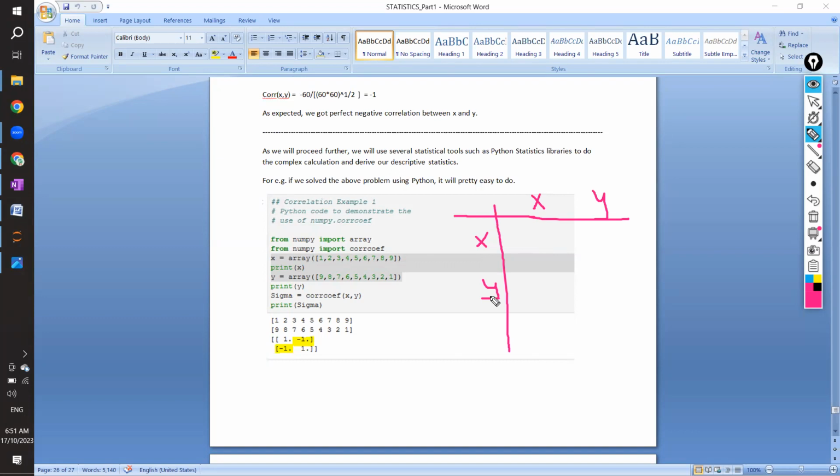You have four things here, 1, 2, 3, 4. One is the correlation between X and X, this is X comma Y, this is Y comma X, and this is Y comma Y.